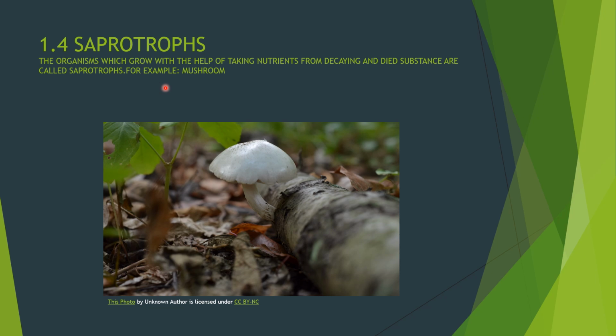That's what mushroom or fungi is. Some mushrooms are really bad in shape, so that's what a saprotroph is. They take whatever nutrients they need for growth from decaying or dead substances.